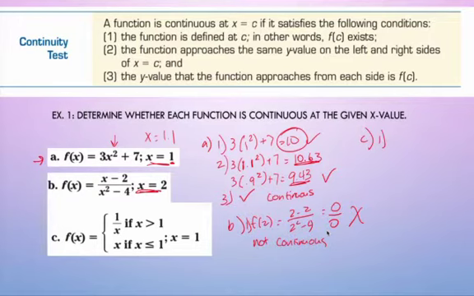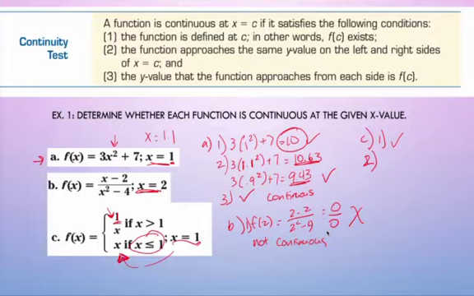For C, is the function defined at x equals 1? If we plug in 1 here, do we get a value? Yes, 1 is in the domain, so we pass step 1. Step 2, does the function approach the same thing from the left and the right sides? As 1 over x, if I plug 1 in here, I'm going to get 1.